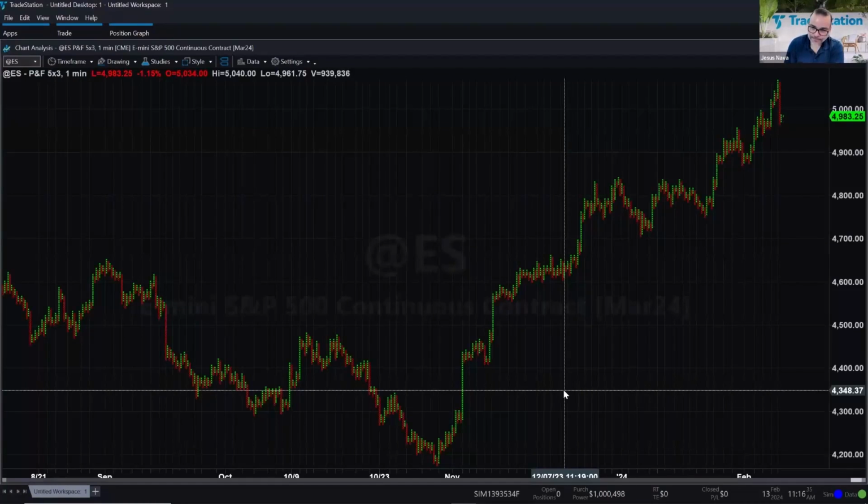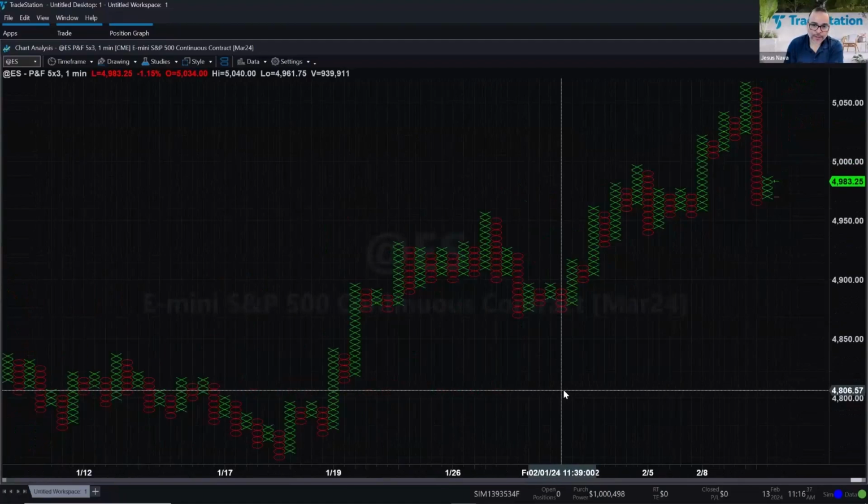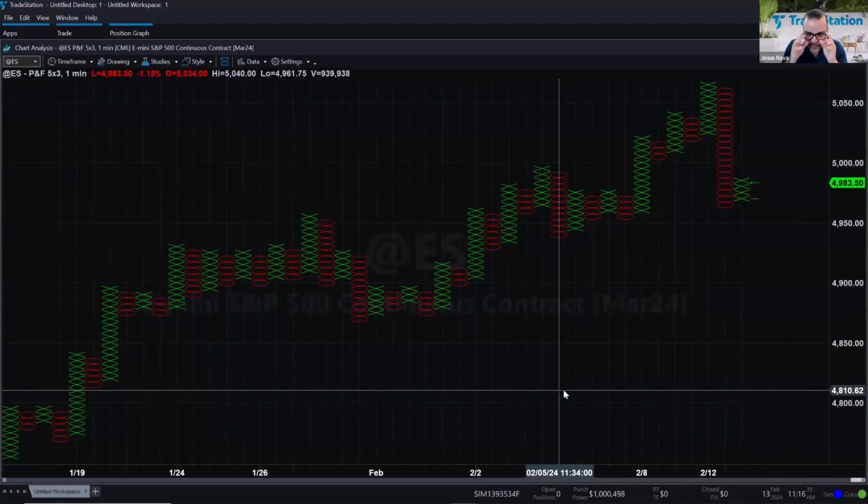And here we go. You're probably already familiar with the way that point and figure looks, but when you see a column of X's, that's when the prices are going up, and every X represents 5 points of movement. Whenever you see a column of O's, of course, that's when the price is heading down, and every circle represents 5 points of movement.